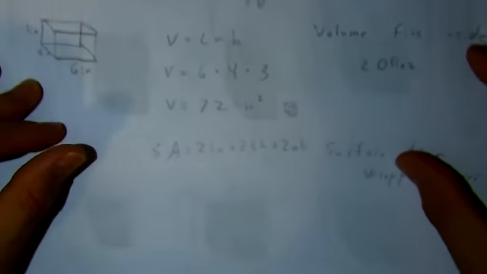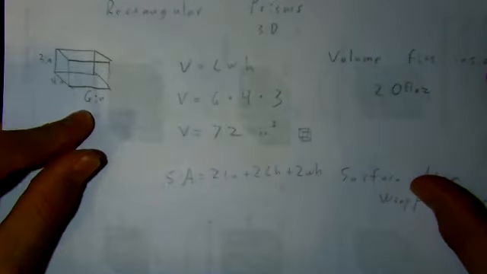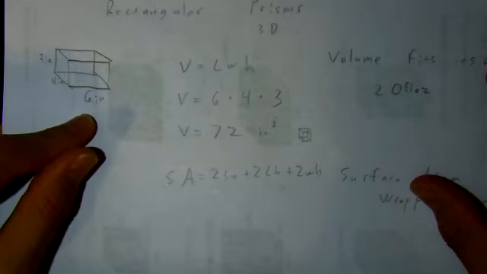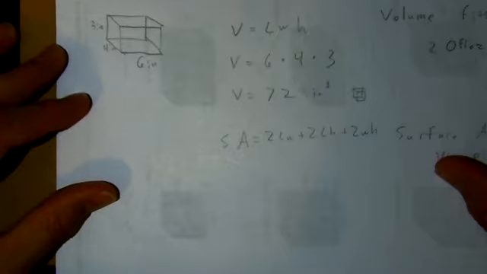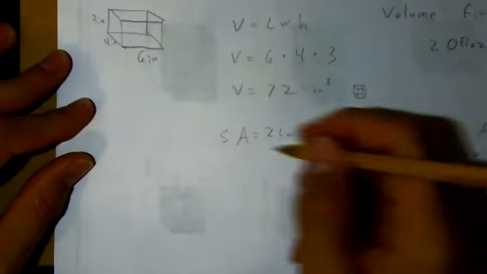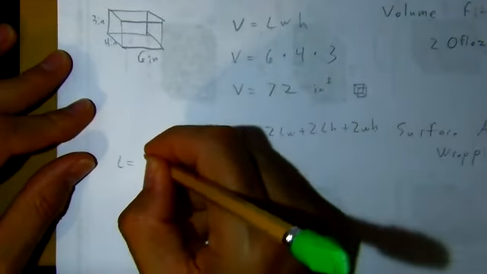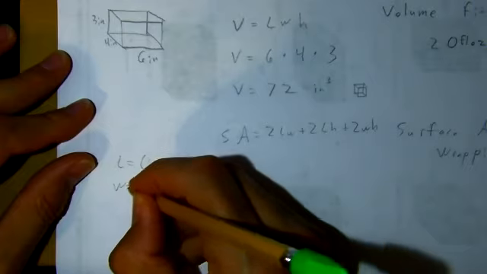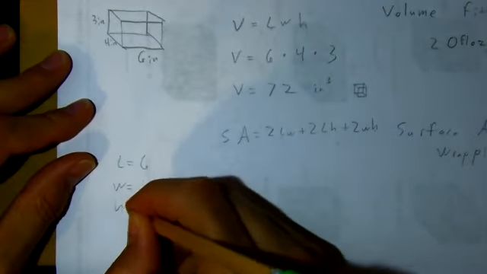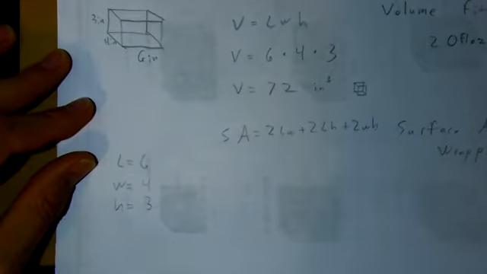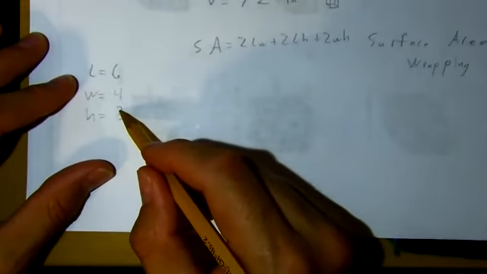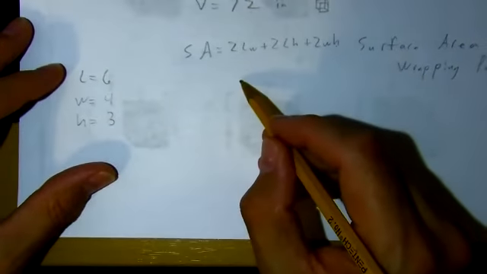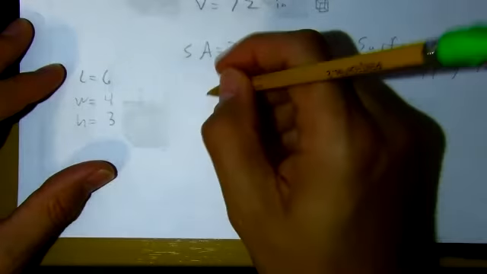So if you have a shape that has 3 different numbers for its size, each one of these numbers is going to appear twice in this formula. So I would suggest labeling these so that you don't get them mixed up for this one. So the length was 6, the width was 4, and the height was 3. If you just take 2 seconds to make yourself some notes, it makes this a lot easier and makes it less likely that you're going to get it wrong.